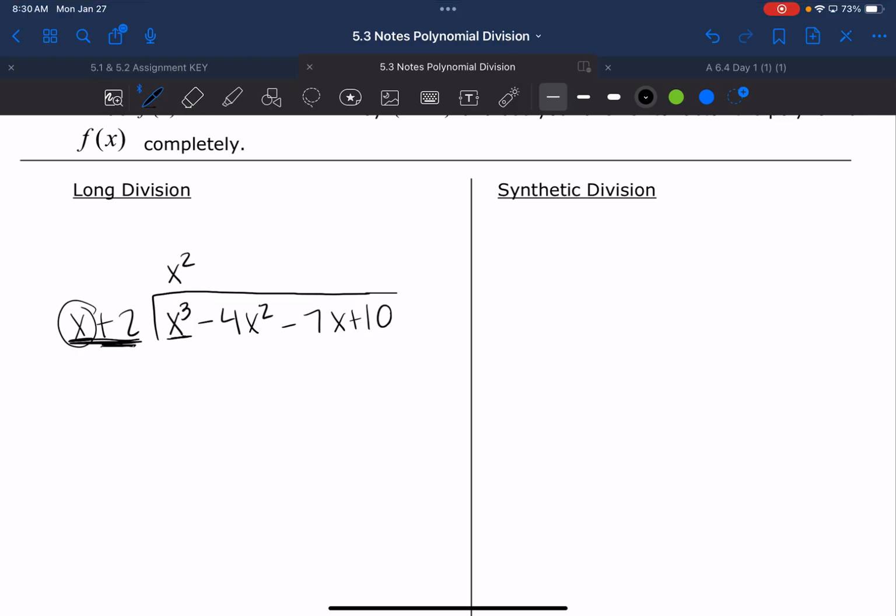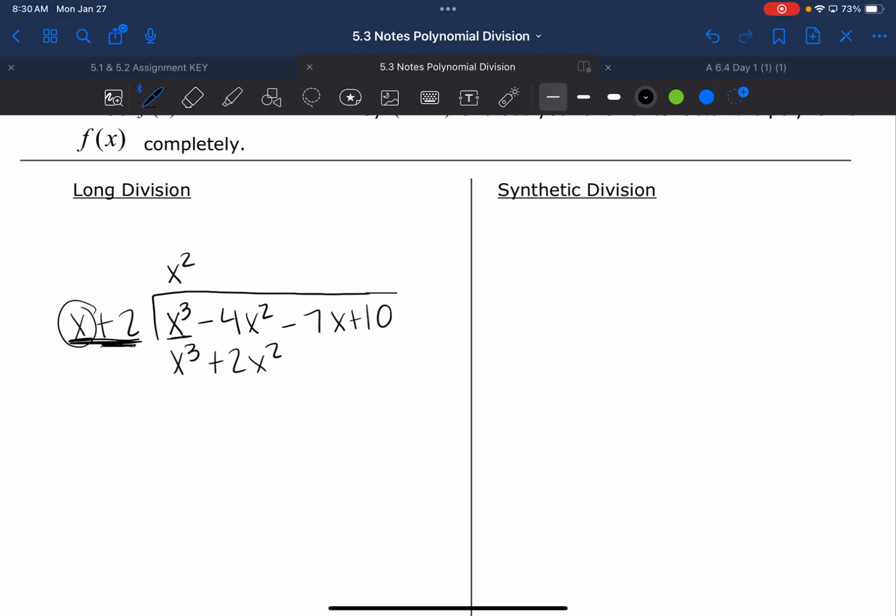Well, x squared times x would just be x cubed. I also have to multiply that x squared by the plus 2, which would give us plus 2x squared. All right, and then just like in elementary school, we are going to subtract.